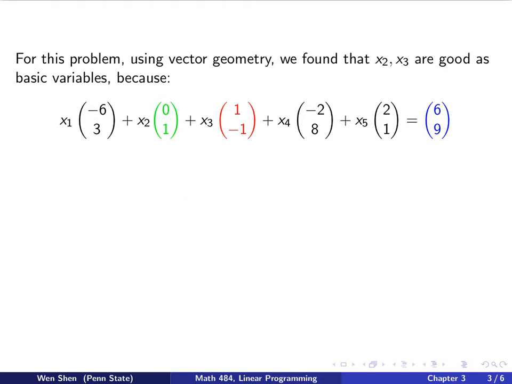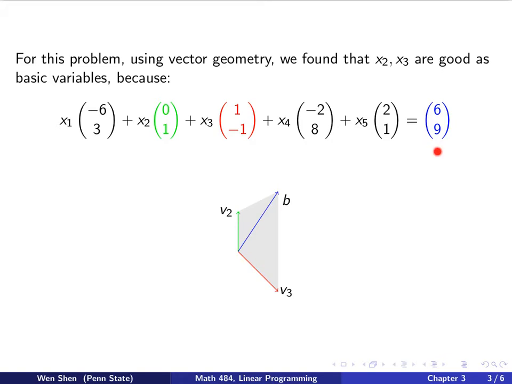So let's do some drawing. Here is the drawing. v2 is (0, 1), the vertical axis, corresponding to the green. And v3 here is (1, -1): 1 in the horizontal direction, negative 1 in the vertical direction, so it's pointing down with slope negative 1.